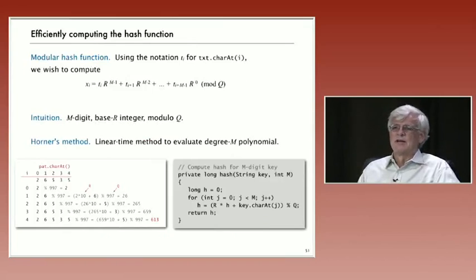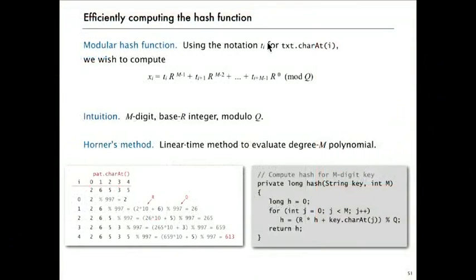So first thing is how to compute the hash function. So if we convert to math, R is our radix, so in this example we're using 10, so we have decimal numbers. And then the digits, say T sub i, that's the text characters. So we have a number, X sub i, which is the M characters starting at position i.